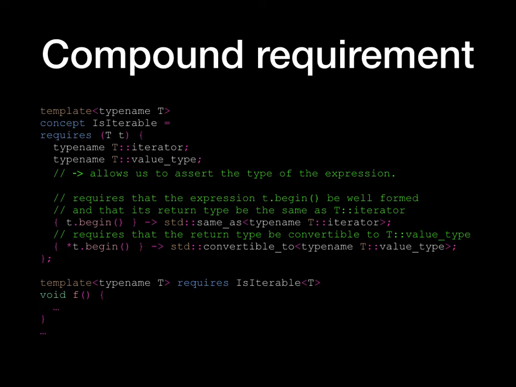And our template typename T that requires is_iterable, function f can use t.begin and dereference it while being sure what it will give.